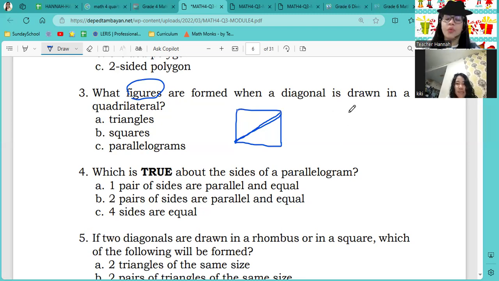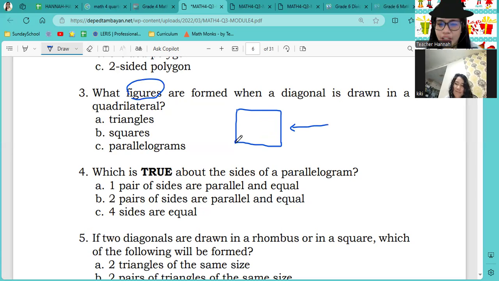What are the other shapes that you can see? What kind of shape do you see? If I draw a line, what shape is this? Triangle. This one, what shape is this? Triangle. What shape is this, Michaela? Square. Square, okay.